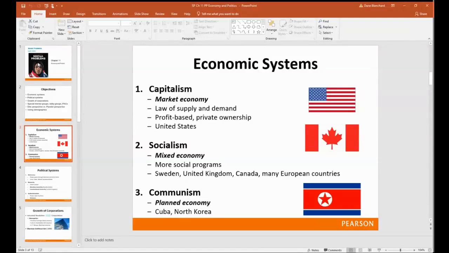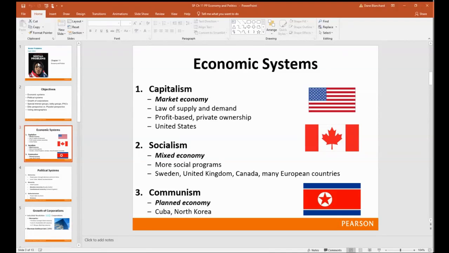Because they do have more social programs, and social programs are funded through tax revenue, for example, the one I just gave you with universal health care, they do tend to pay higher taxes. Some examples of socialistic countries would be Sweden, the United Kingdom, Canada, and many other European countries.